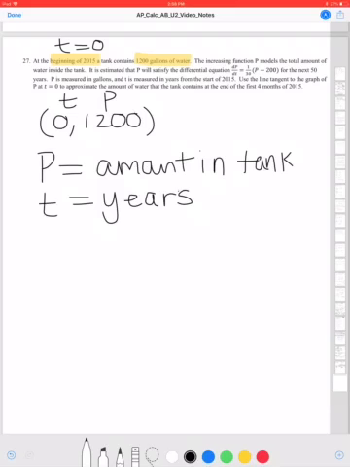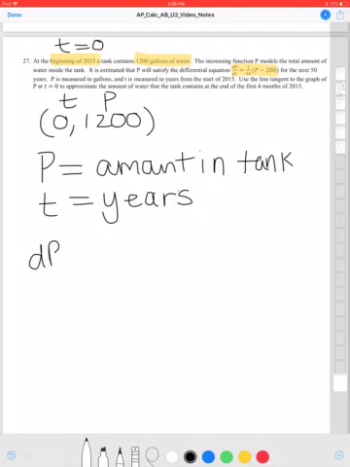We'll satisfy the differential equation. That just means that that's a derivative. So if that's the derivative, what does that represent? The derivative is the rate of change of the function. So if the function is P, the amount in the tank, then the derivative is the rate of change of the amount in the tank.